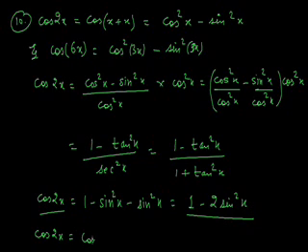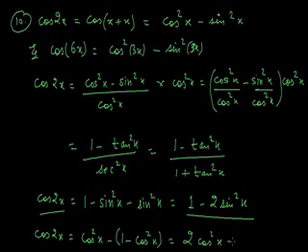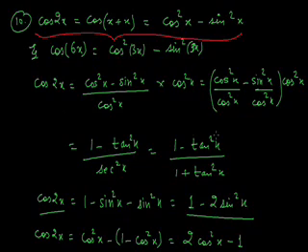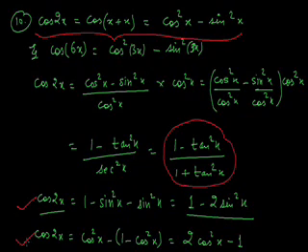So it will become cos square x minus, you will write the sin square x as 1 minus cos square x. So it will become 2 cos square x minus 1. So the one formula that we have got from here is this. The second formula was this. This is the third formula and this is the fourth. So according to the question, we can utilize any of the four formulas for cos 2x.